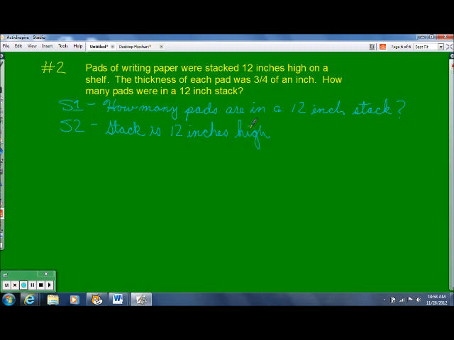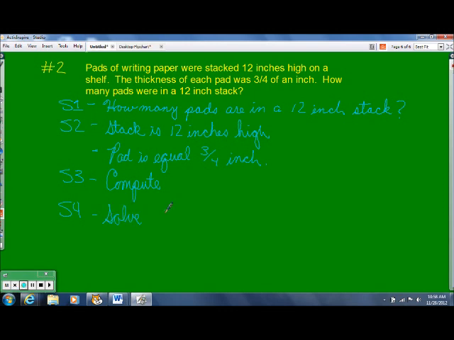And we also know that each pad is equal to 3/4 of an inch. Okay, step 3. The strategy we're going to use today is called compute. And step 4, we're going to solve.